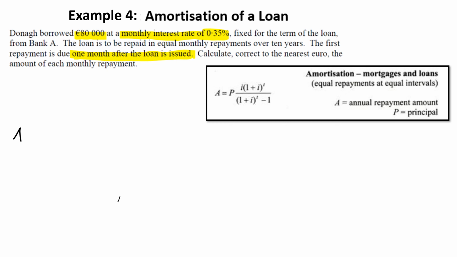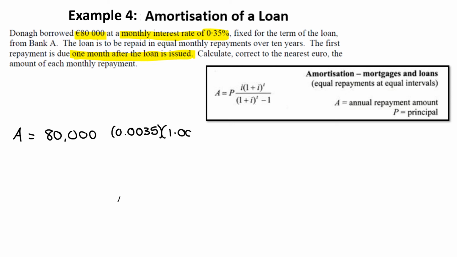So to figure out our A, we have P, which is the principal, that's 80,000, and we have i, which must be in decimal, so it's 0.0035. So remember, if you need to divide your percentage by 100, it's very easy to just stick it in as is, because there's already a decimal point in it.